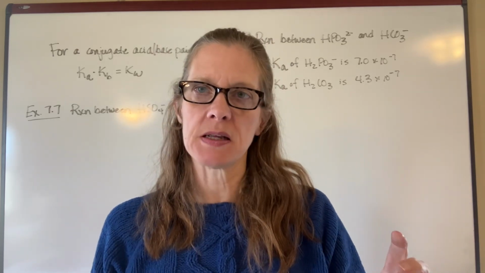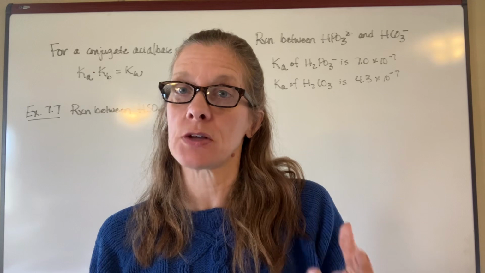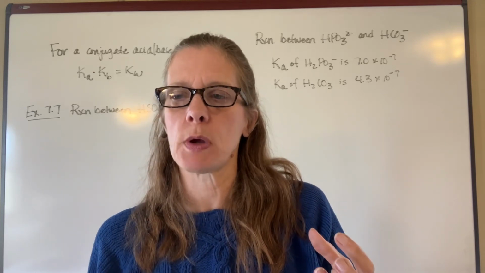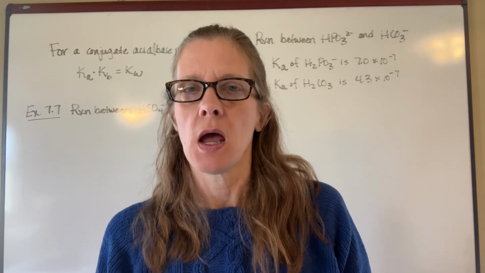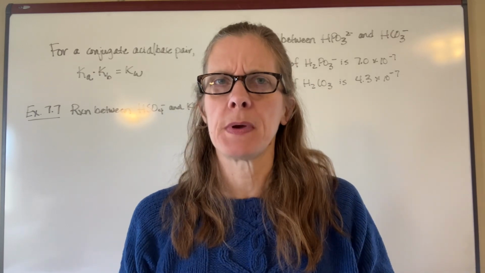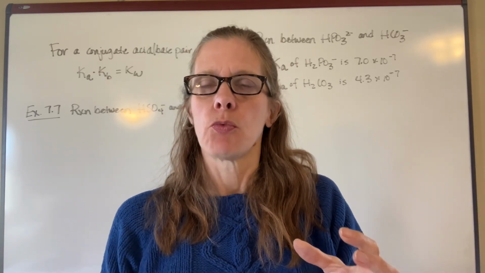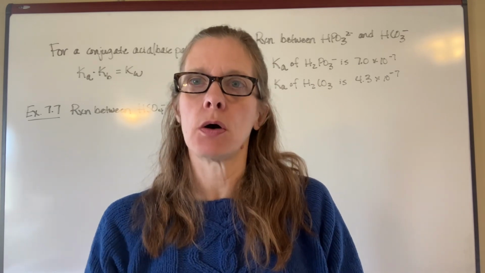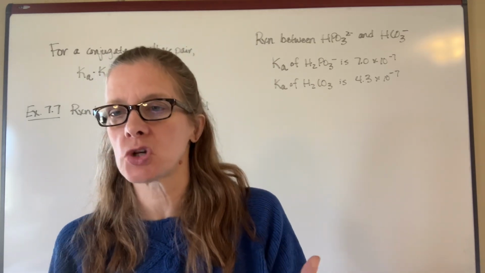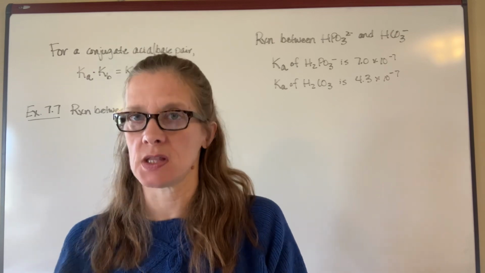So NO3 minus and HNO3, that's a strong conjugate acid-base pair. So we would be looking more at the weak ones. CH3COOH, which is acetic acid, related to CH3COO minus. Okay, so that's a conjugate acid-base pair that would play into this.